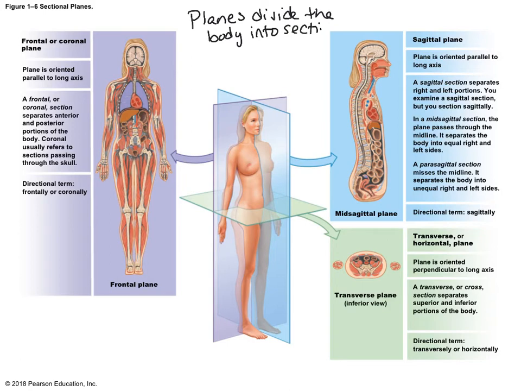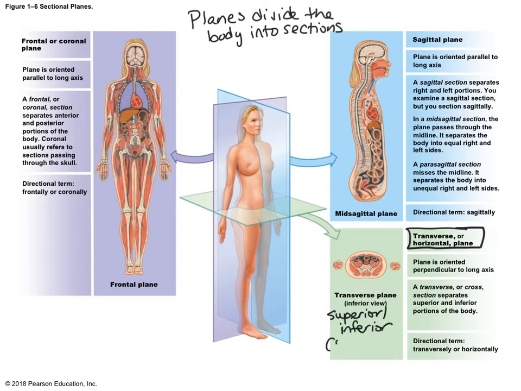And again, these are imaginary lines dividing the body into sections. So first let's start and look at a transverse plane. So that's the one down here in the green. The transverse plane divides the body into superior and inferior sections. So basically we're dividing the body into a top and a bottom.